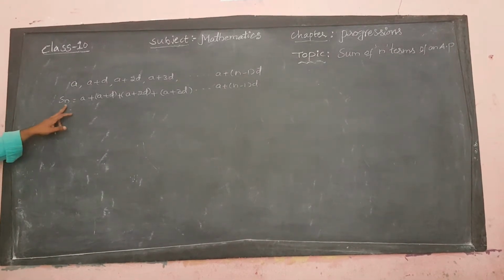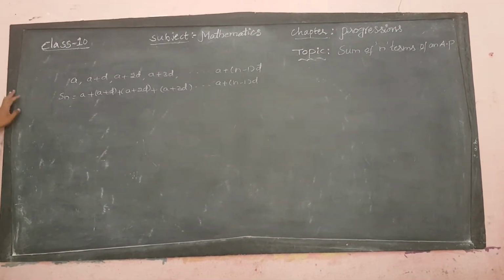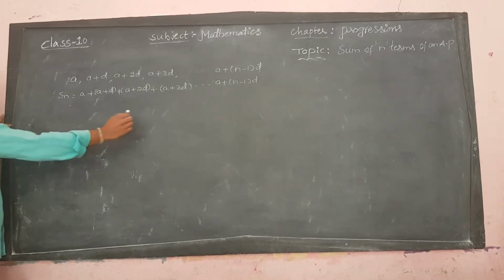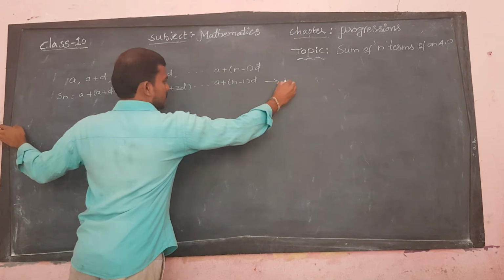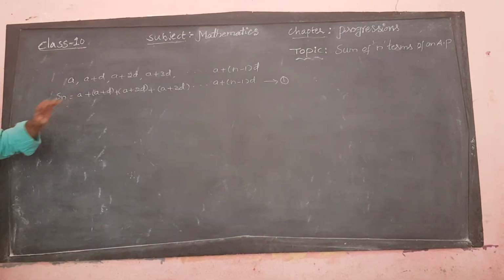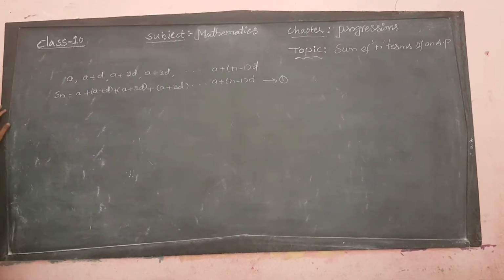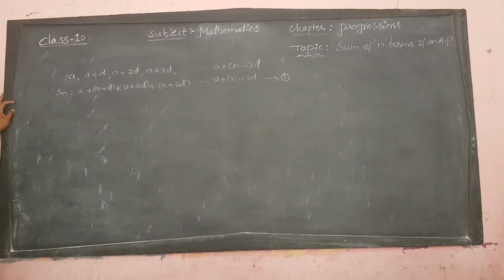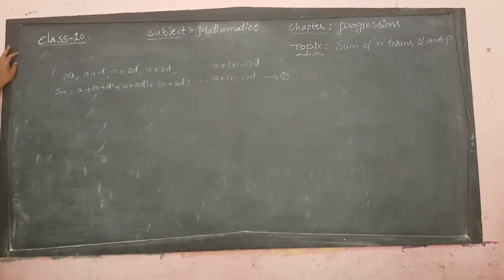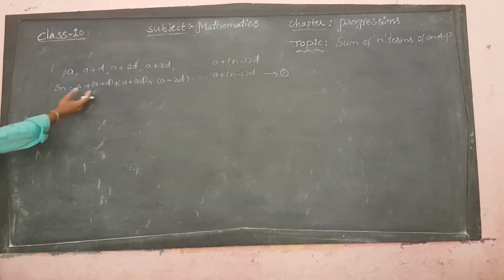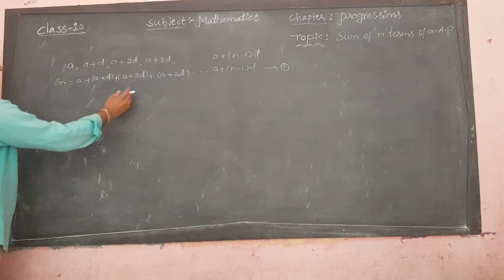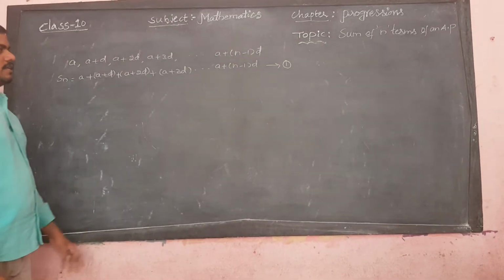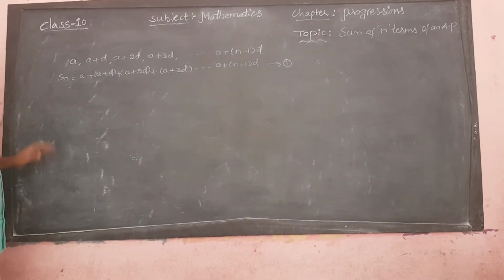Let Sn denote the sum of the first n terms of the AP. Here it is considered as equation number 1. These are the terms of an AP, the general form of arithmetic progression. So the sum Sn is equal to a plus (a plus d) plus (a plus 2d) plus (a plus 3d), and so on, plus (a plus (n minus 1) into d). It is considered as equation number 2.